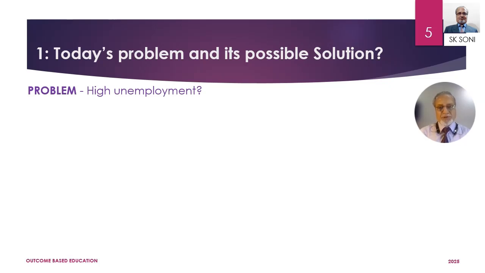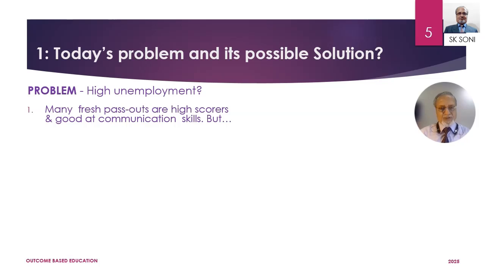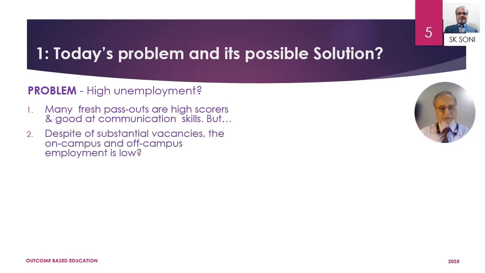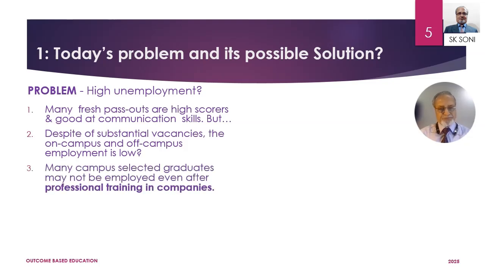The problem of graduates of higher education is high unemployment. Many fresh pass-outs are high scorers and good at communication skills, but jobs are not available. Despite substantial vacancies, on-campus and off-campus employment is low.